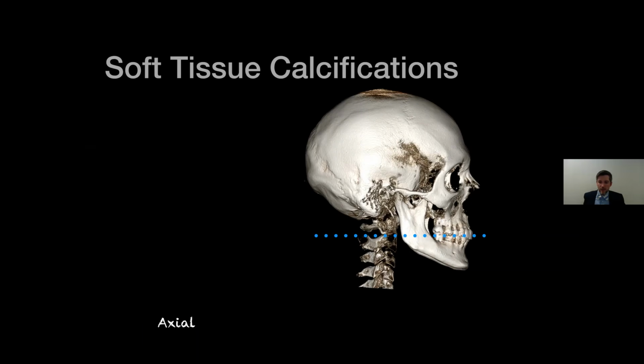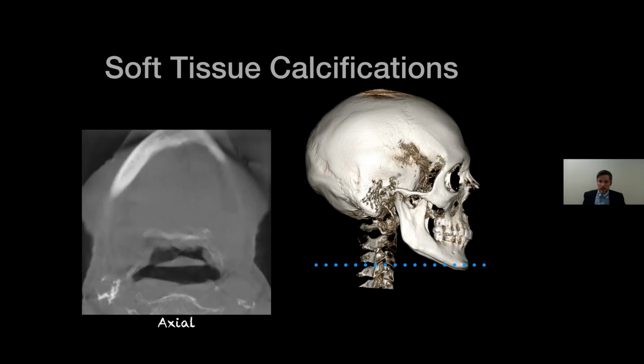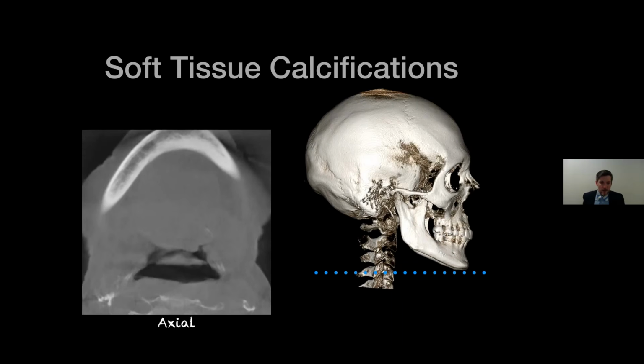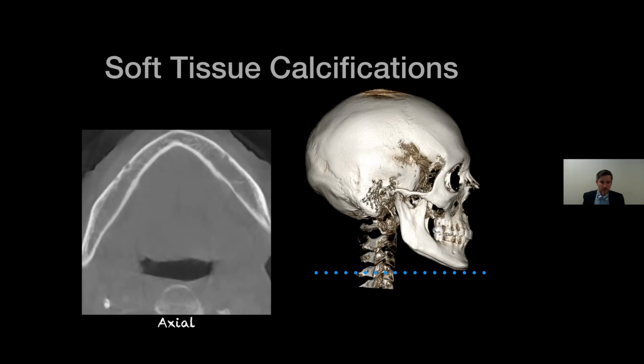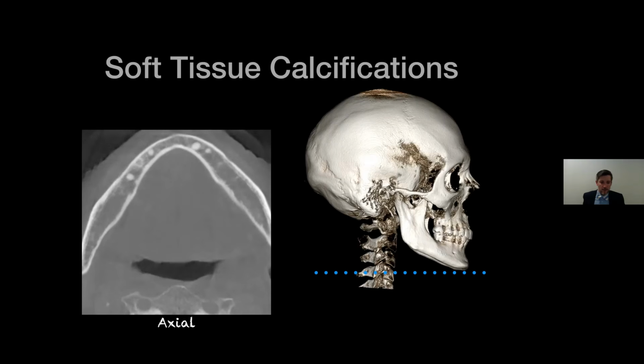But if we go a little bit lower in our axial slice, now we're at the level of C4 of the cervical spine. Here's the cervical spine here. If we cycle through the slices here, we can actually see additional calcifications on either side of the airway.